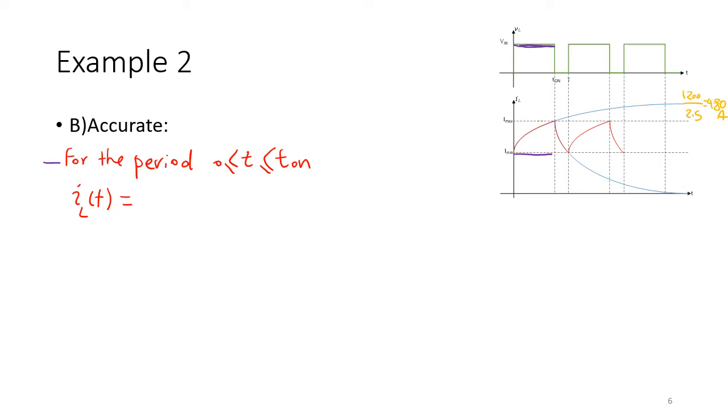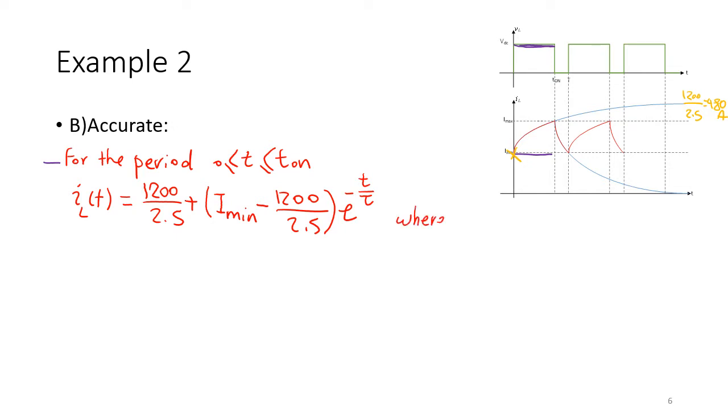So the formula will be the final value plus, parenthesis open, the initial value, here is Imean, minus the final value, and this part is changing exponentially, e to the minus T over tau, where tau is equal to L over R. It's equal to 0.5 over 2.5, which is equal to 0.2 second or 200 millisecond.